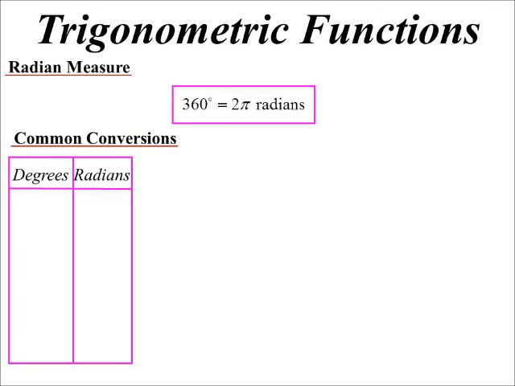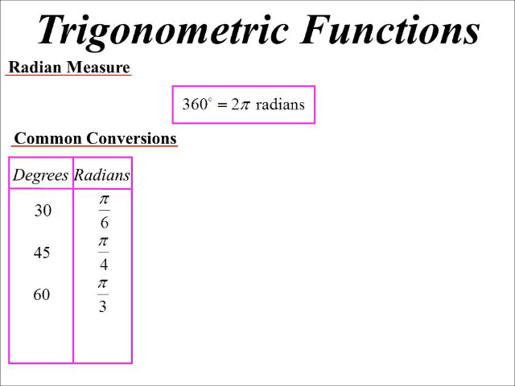So just like we saw with our trig earlier, there are a lot of common ones that we see a lot. It's like 30 degrees. Well, the conversion for that would be pi on 6. Remember, pi is 180. So 180 divided by 6 would be 30. So we'll see pi on 6 come up a lot. 45 degrees is pi on 4.